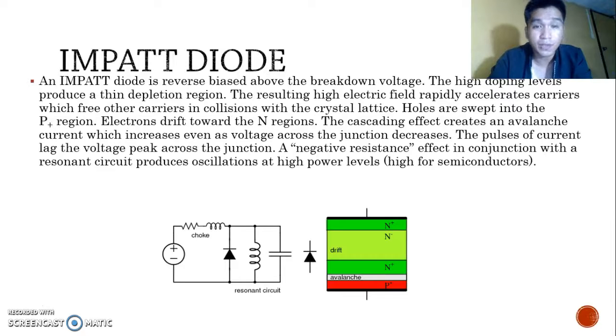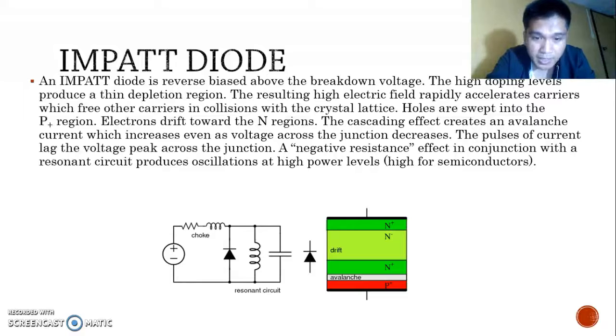Electrons drift toward the N regions. The cascading effect creates an avalanche current, which increases even as voltage across the junction decreases. The pulses of current lag the voltage peak across the junction. A negative resistance effect in conjunction with a resonant circuit produces oscillations at high power levels.